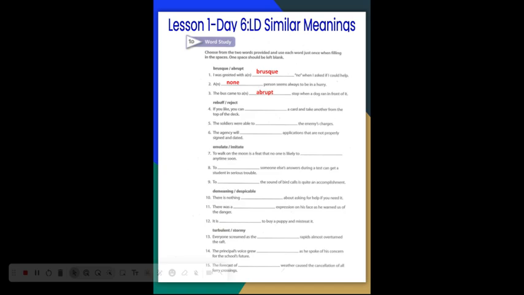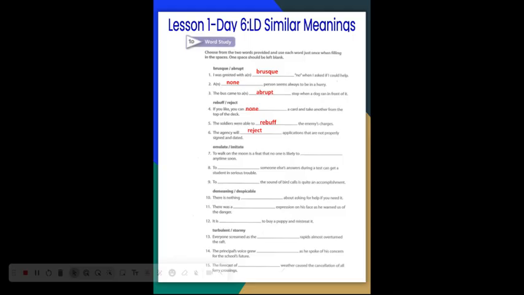Well, do we want to reject it bluntly, drive it back, or abrupt setback in progress? The correct answer should be none. That one doesn't really make sense. The soldiers were able to rebuff the enemy's charges, to drive back. The agency will reject applications that are not properly signed and dated.